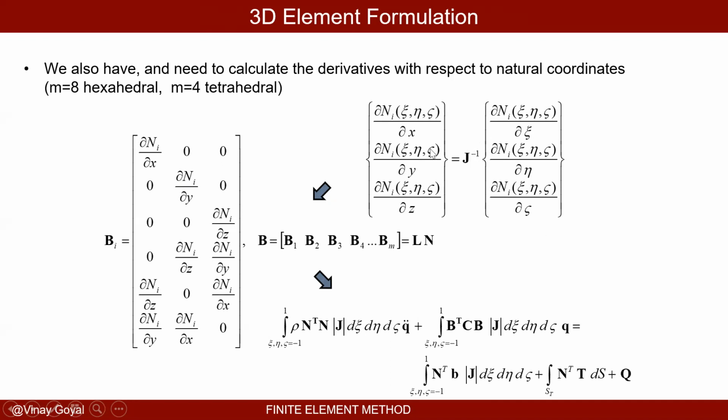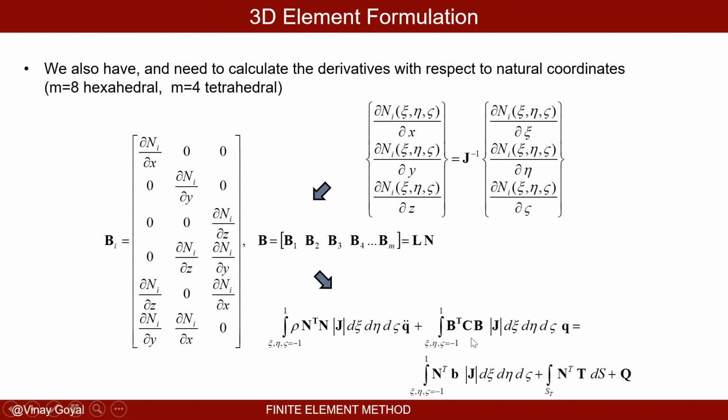So I should be able to calculate this and calculate B bold for every single node because I have 8 shape functions for a hexahedral and 4 shape functions for a tetrahedral element. Once I do that, I'm ready to plug it back in here. And now I have everything in the isoparametric formulation.